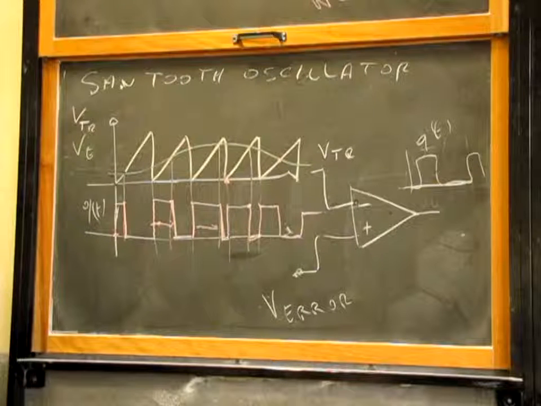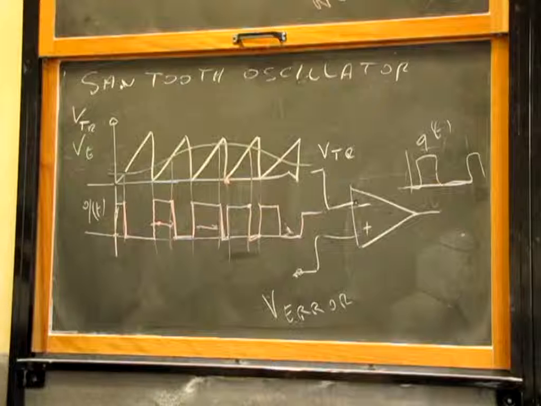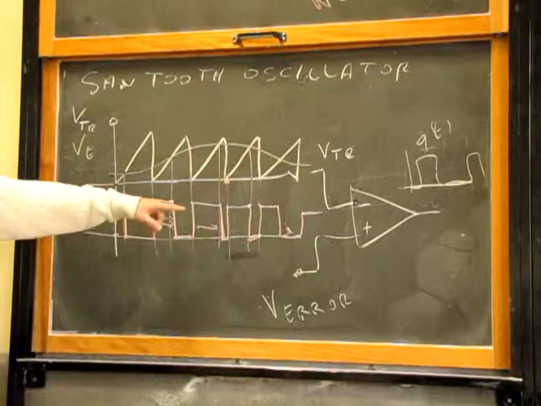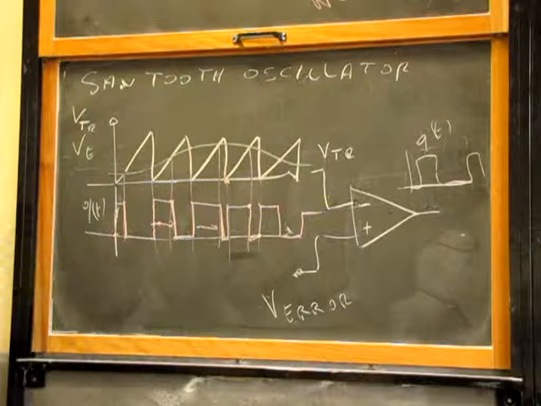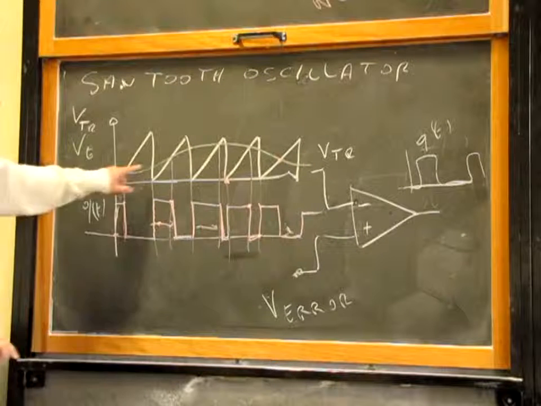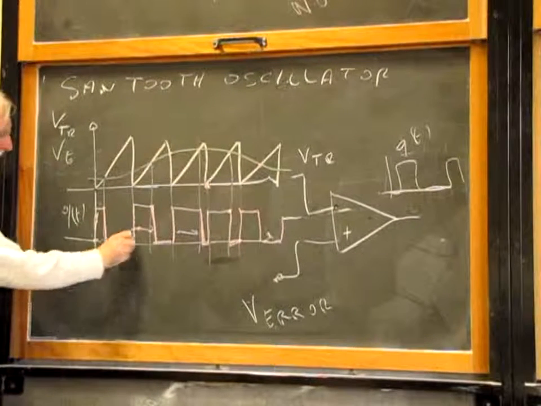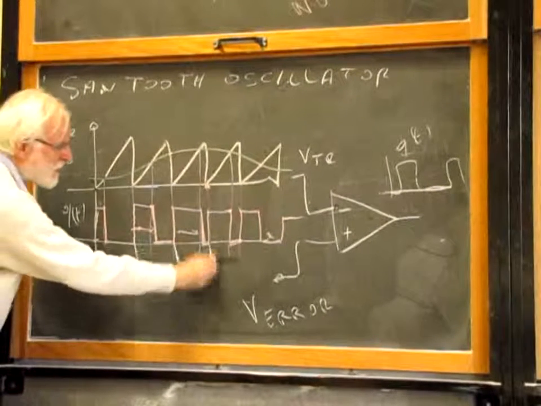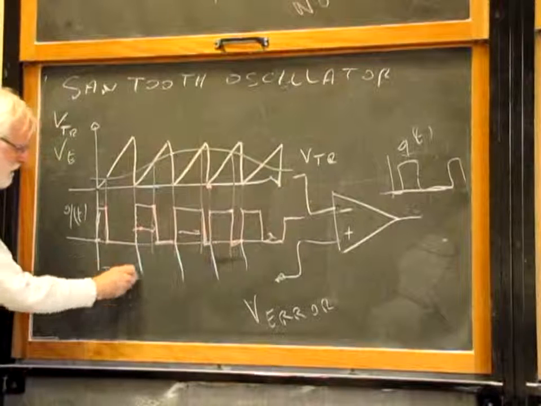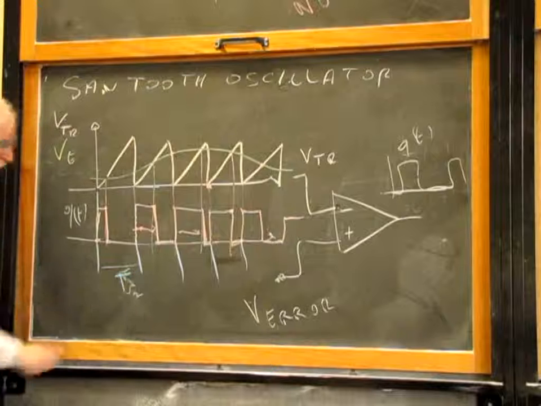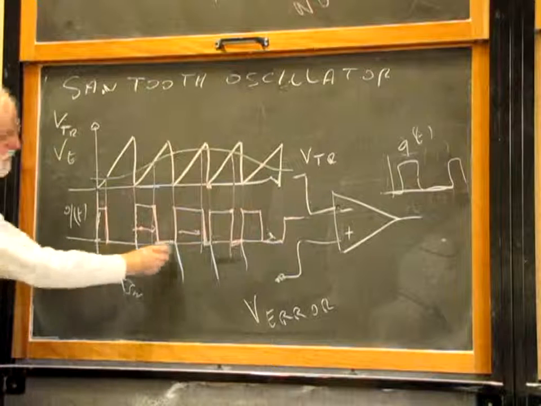I modulate, I change the pulse width. This irregular square wave has a frequency, a period that is given by the sawtooth waveform. You see, it starts at constant times. This is the switch.